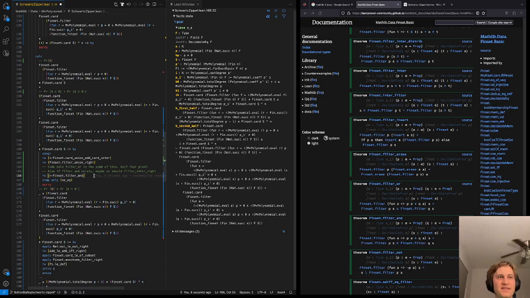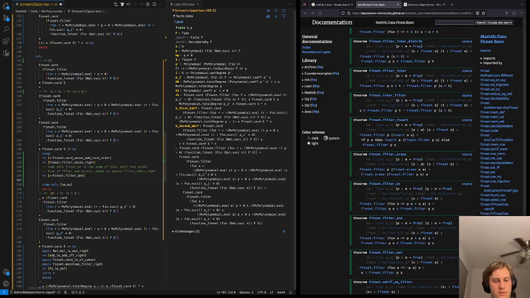The thing is, can Aesop solve it? In theory, Aesop might. I feel like if simp didn't solve it, Aesop probably won't, though.